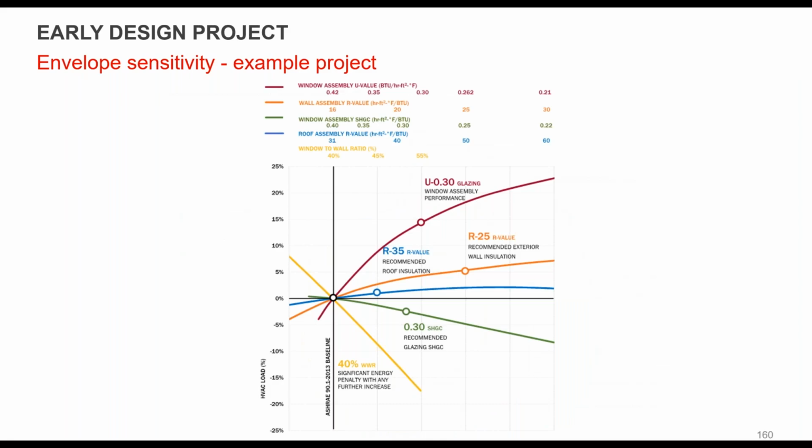Envelope sensitivity: doing a study saying I'm going to change the R value of insulation and see what difference it makes over a range of R values, so that could be reasonable. The yellow line shows an increase in energy penalty of 40% as the window to wall ratio increases.